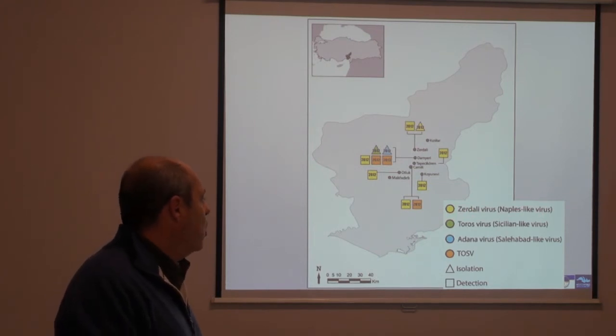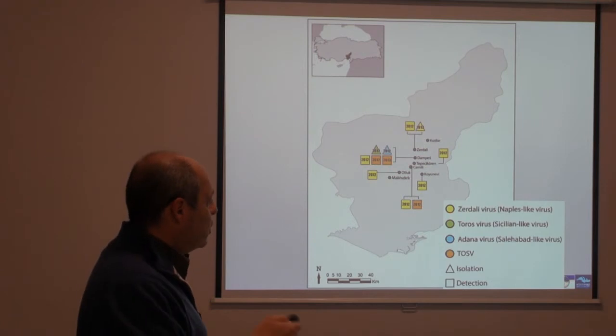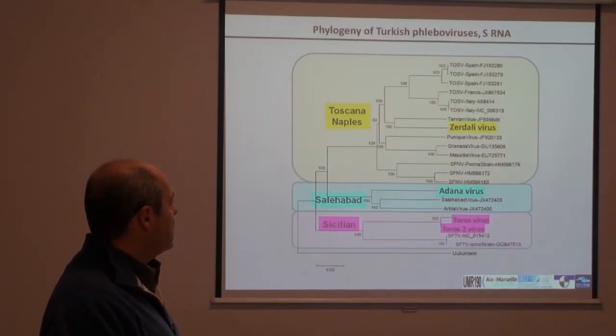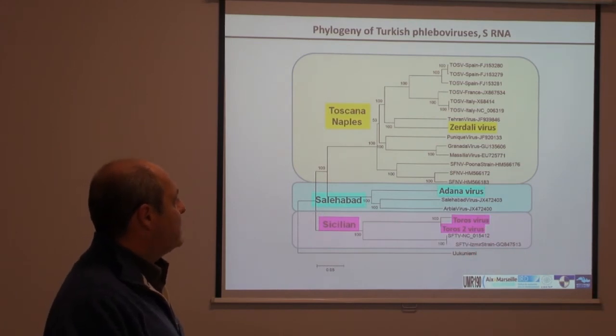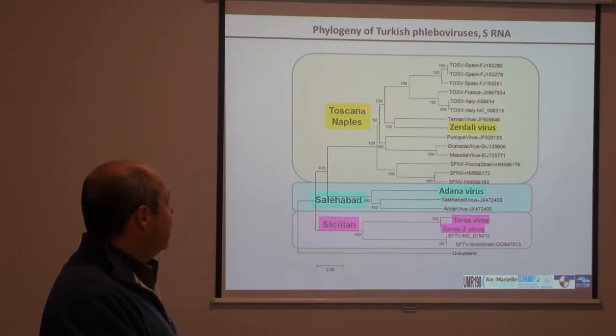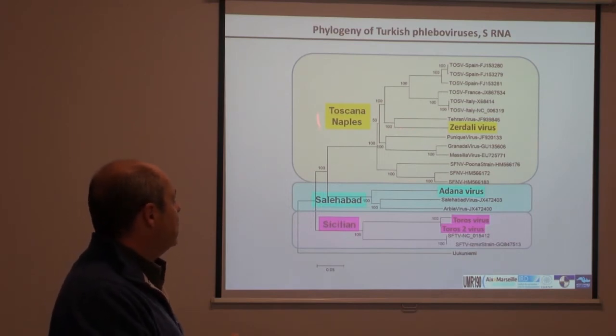When we look at the phylogenetic tree, the complete sequence was determined for Zerdali virus and Toros virus using the same methodology as for Adana virus. I'm going to present only the sRNA phylogenetic tree, because it's the same for all other genes, in the N and in the L. As you can see, Zerdali is distantly related to Tehran virus within the Toscana and Naples serocomplex.